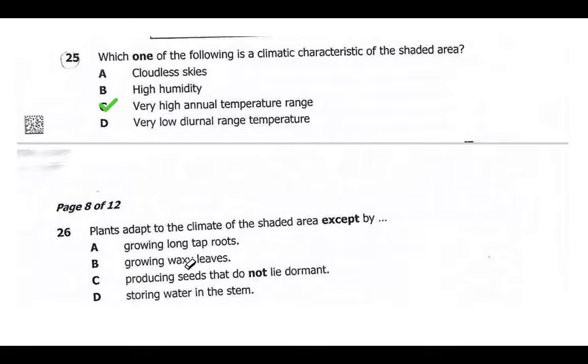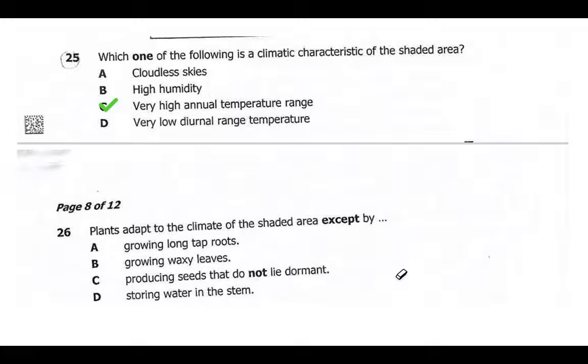A, grow long taproots. This is one of it. And then growing waxy leaves. Of course, this is one of it. C, producing seeds that do not lie dormant. No, the seeds lie dormant. The word not is affecting everything. So here we can say this one is not correct, because the seeds can be in the soil for years.